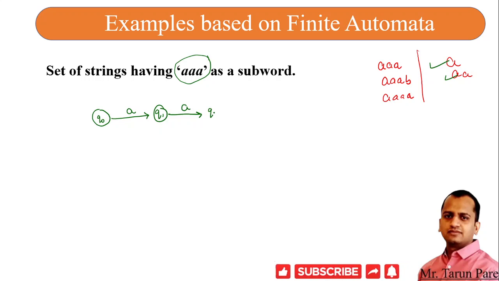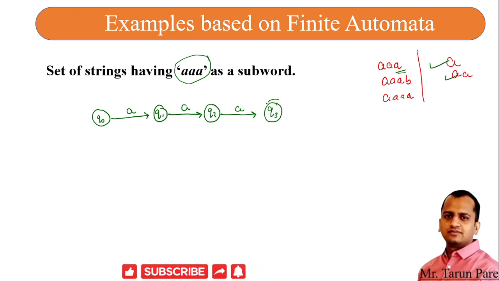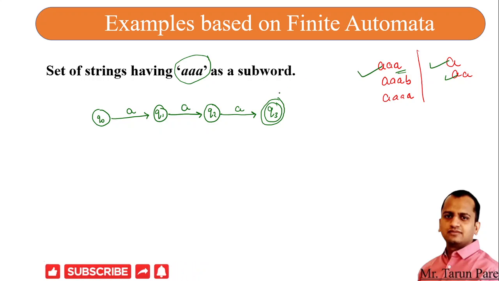Then the third A is also passed through this, and now we reach the final state. So this string is accepted by our finite automata.